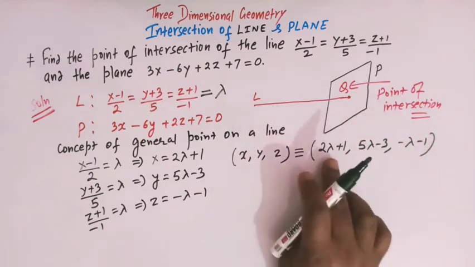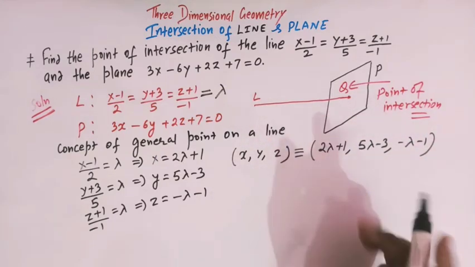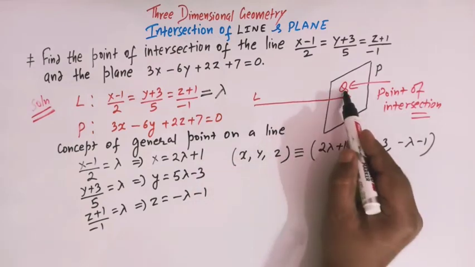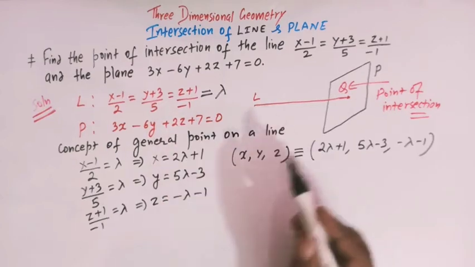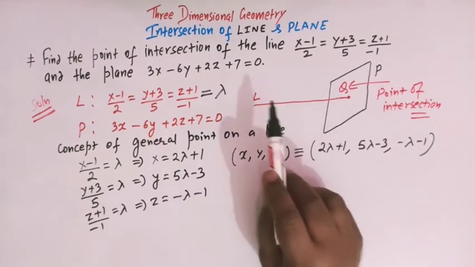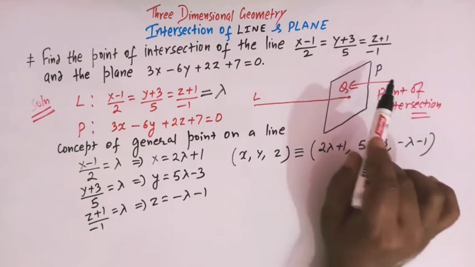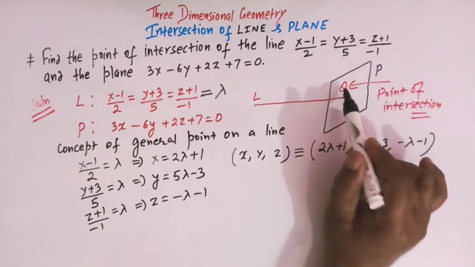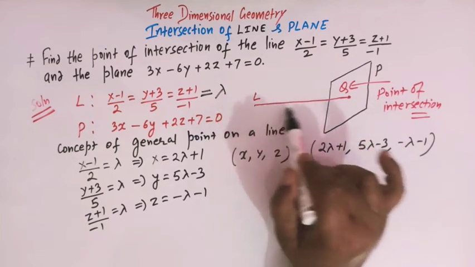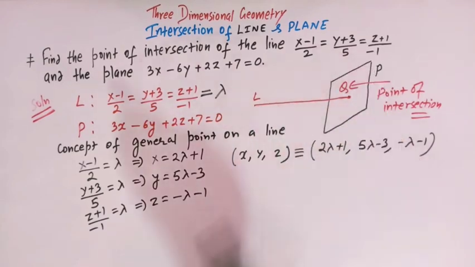For some value of lambda, this point will represent the point Q. Now we see that when this line L intersects this plane P, the point Q is a common point between L and P.